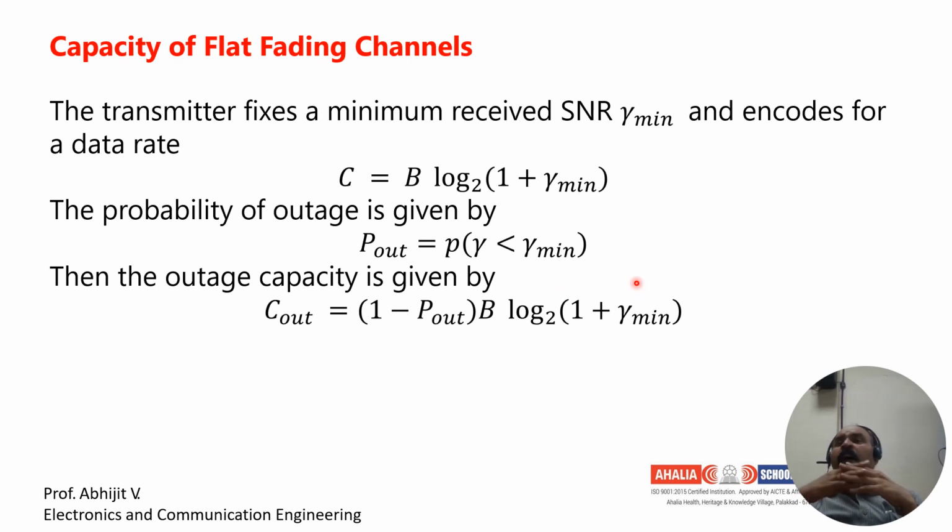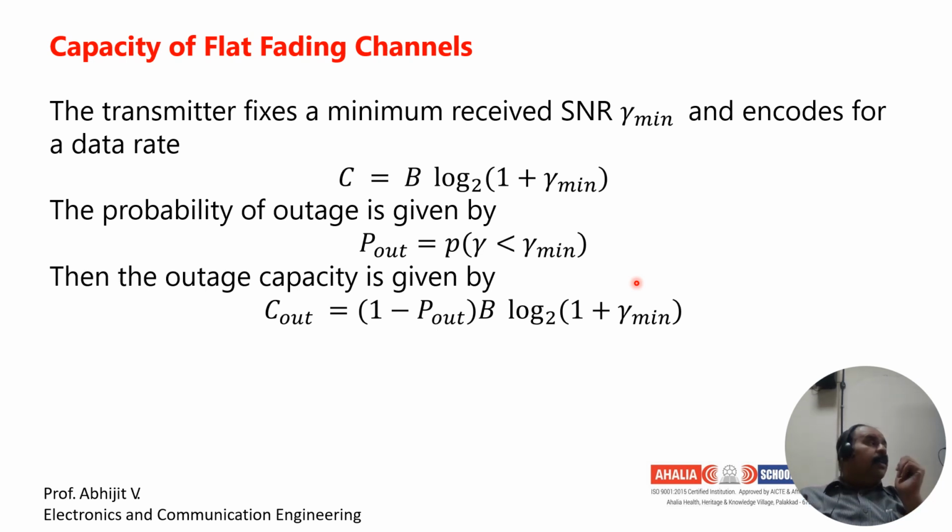That means an outage occurs when we do not have minimum signal to noise ratio. Understood what is probability of outage?